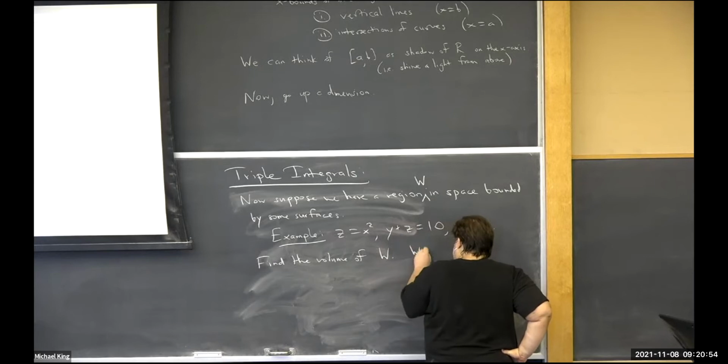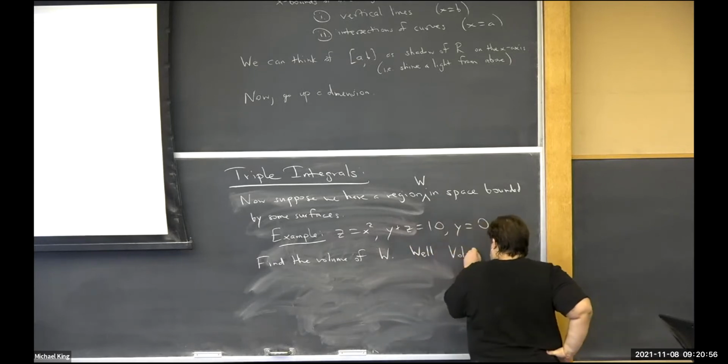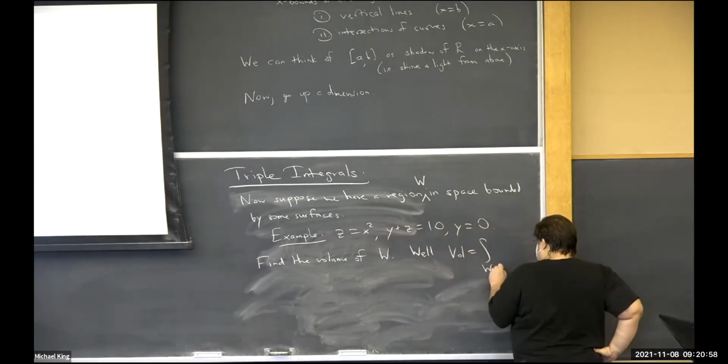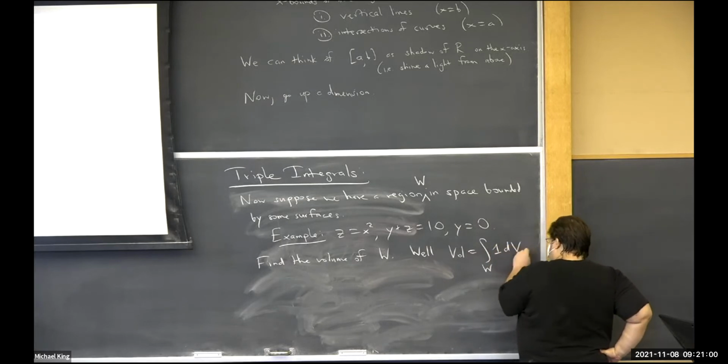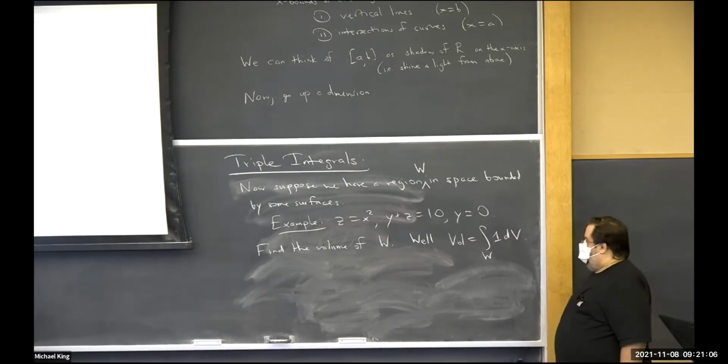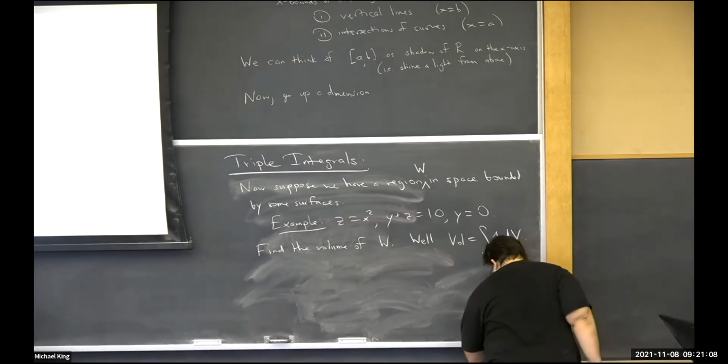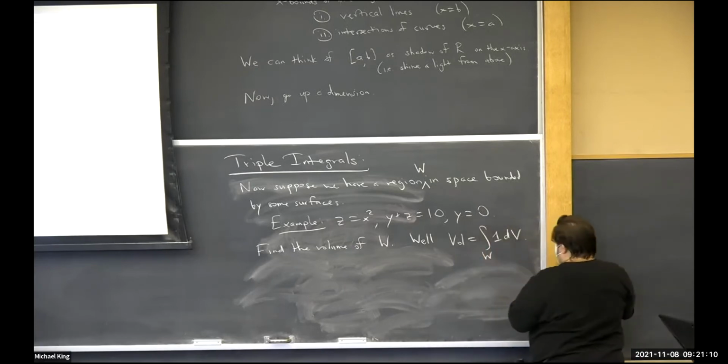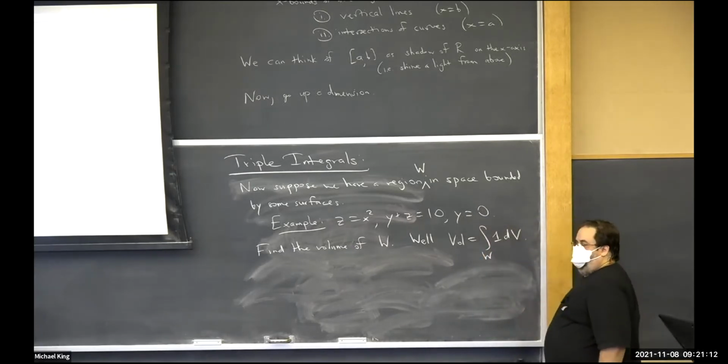Well, the volume equals the triple integral over W of 1 dV. That's kind of the dumb answer, or the empty answer, where we think of this as the integral over the whole region of just the function 1.